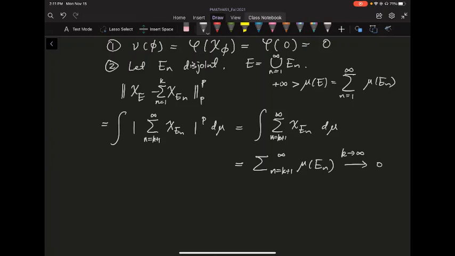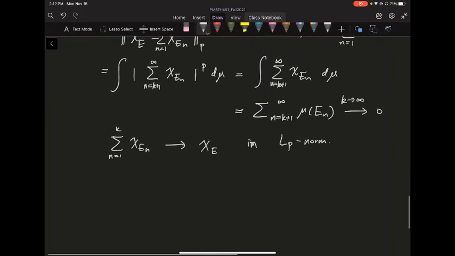You're now only summing up the tail, so that goes to 0. Moreover, this essentially shows you that the summation of these chi of E_n, going from 1 to k, is going to converge to chi of E, not just pointwise, but also in the L^p norm, because their p norm goes to 0.